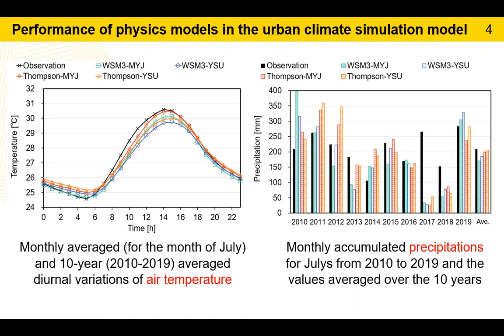In that case, the combination of the Thompson model as the cloud microphysics model and the MYJ, Mellor-Yamada-Janjic, model as the turbulence model corresponded well to the observation data. The 10 year average result corresponded to the observation data, compared to the other combinations.